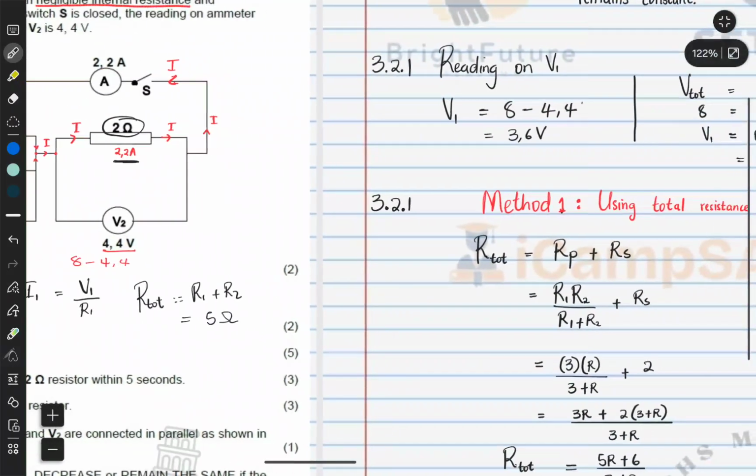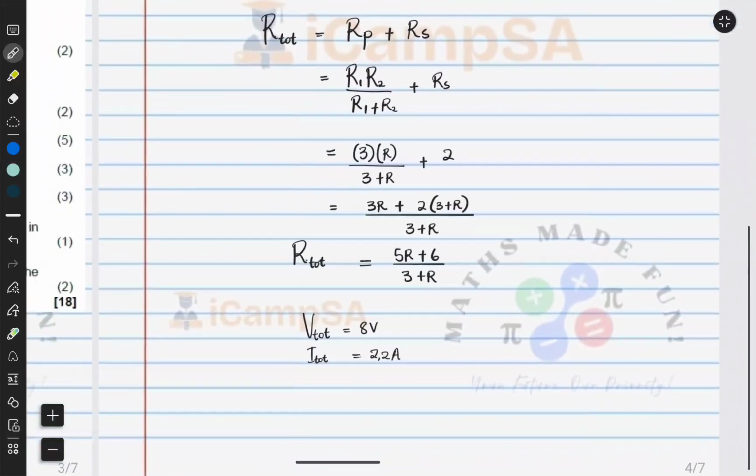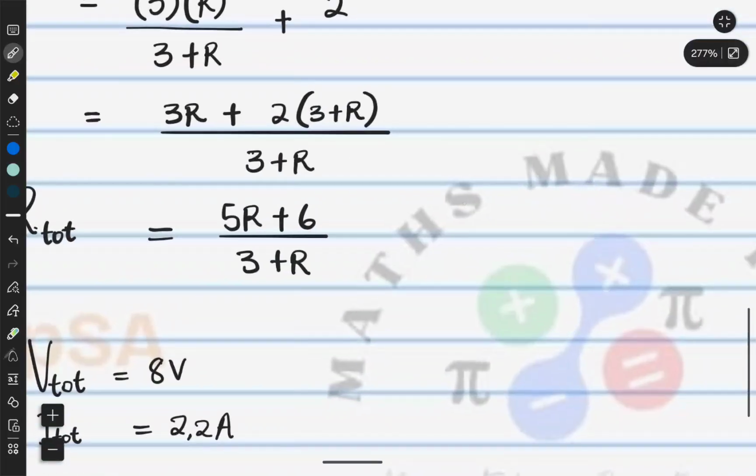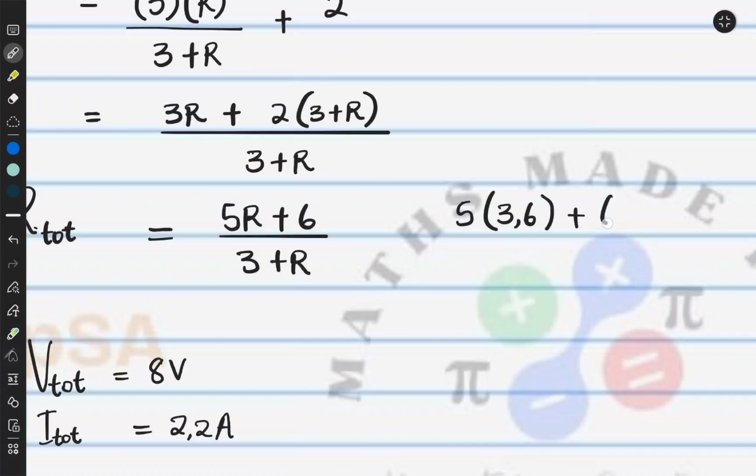Whereas previously our R tot, let's try to substitute here. We said the calculated R was 3.6, right? Let's see how much it was before we remove the 3 ohm resistor. So this is 3 plus 3.6.